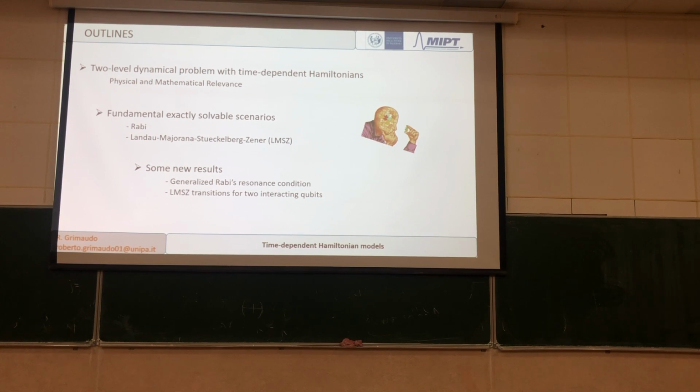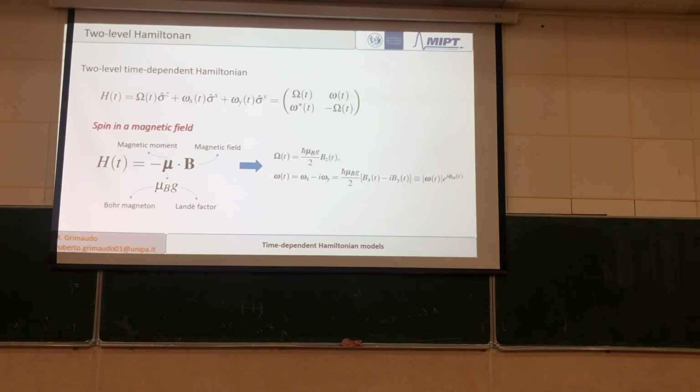And in the meanwhile, I will show you some results that I got during my PhD about the generalization, in a certain sense, of the Rabi model, and about the application of the knowledge of the Landau-Zener solutions to a more complicated dynamical problem, that of two interacting qubits.